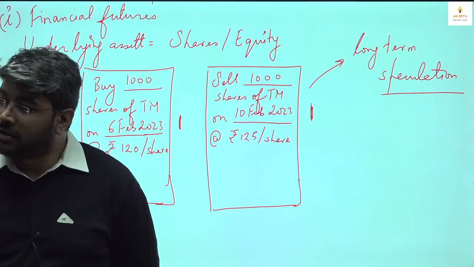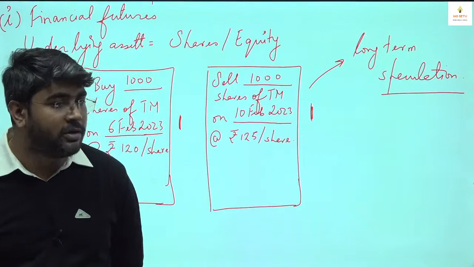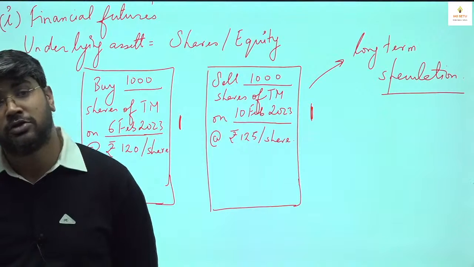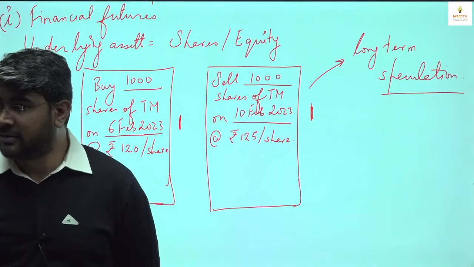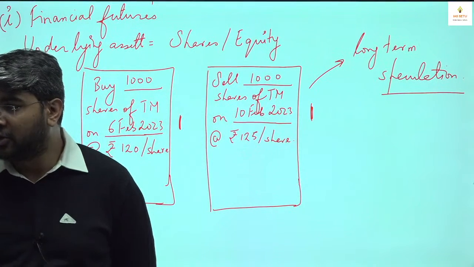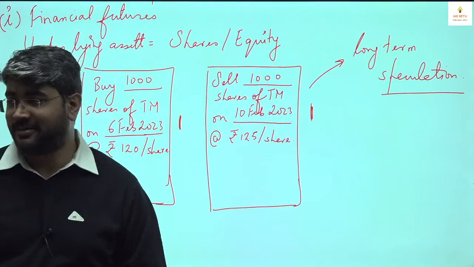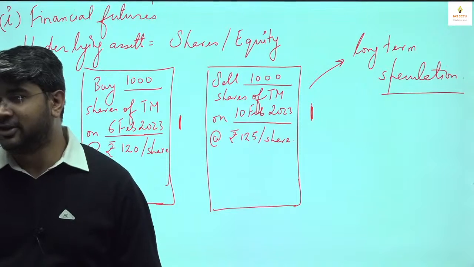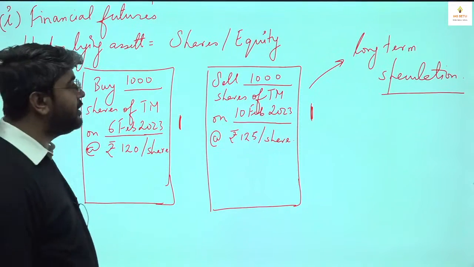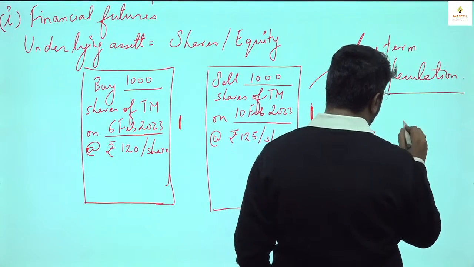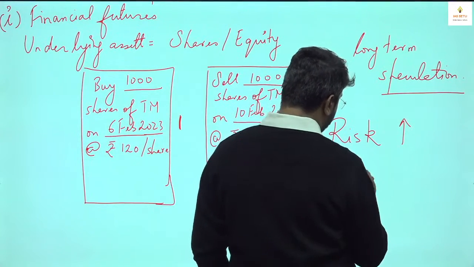Now, compare the situation with financial future. So I'm saying not today, the race is going to take place 2 months later. Now bet on a horse. So you're not just betting amongst the horses, you're also betting against time. Yes or no? So risk definitely increases, and so does return.